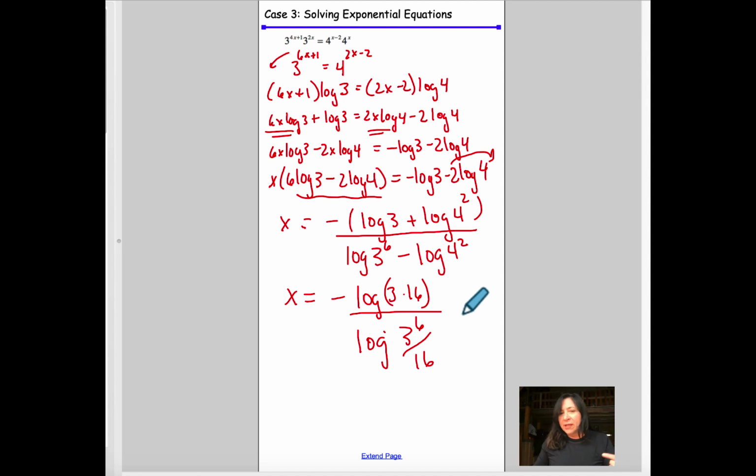Now, I could make this 3 times 16. I'm going to replace that right now and make that 48. But at the same time, this right here is as far as I can go without a calculator. However, with a calculator, I can definitely simplify this a little bit more, and you guys can do that.